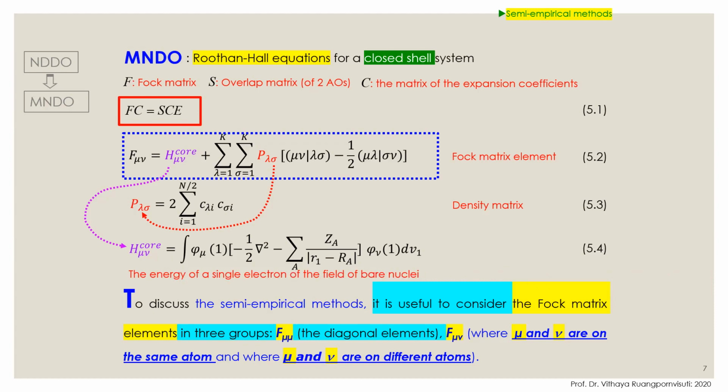Equation 5.4 is the energy of a single electron in the field of bare nuclei.